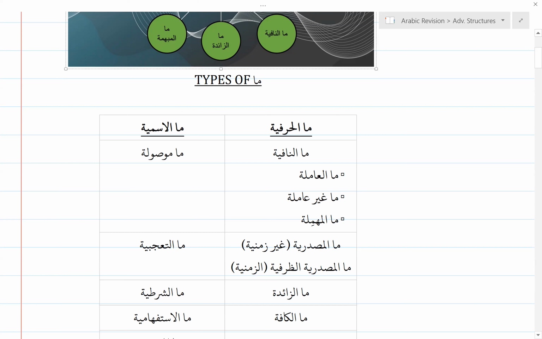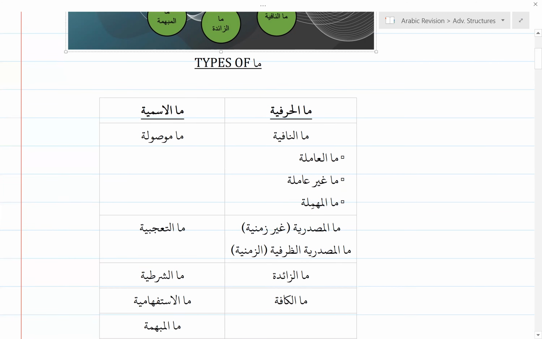Or it can be ma al-harfiyya, and we know huruf, they don't have la mahalla laha min al-i'rab. So that's very important in order to understand how to do the i'rab of the ma that appears in the sentence, okay? Now, there are about 6 ma that are isms, and about 4 ma's that are harf. We're going to go in detail to see how that looks.